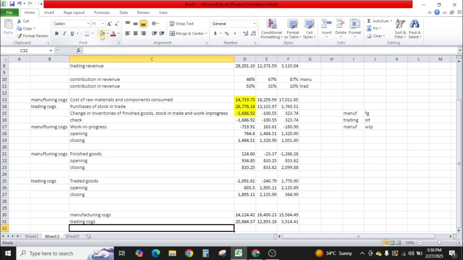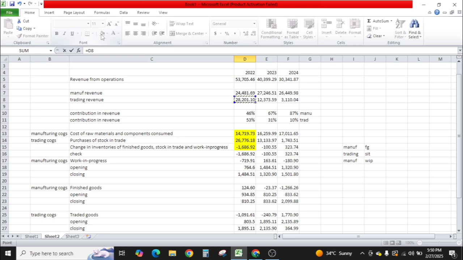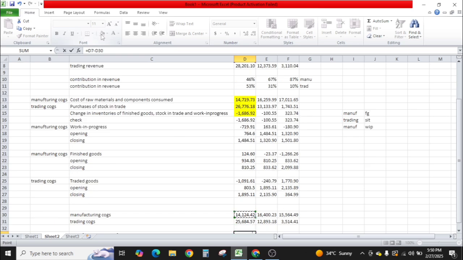Now we know manufacturing revenue, so we can find manufacturing gross profit, which will be nothing but revenue, which is this manufacturing revenue, minus manufacturing COGS, which is this.